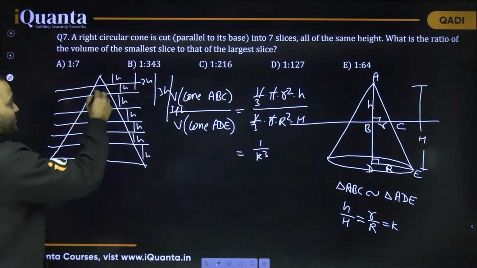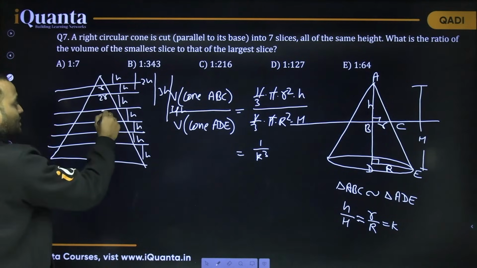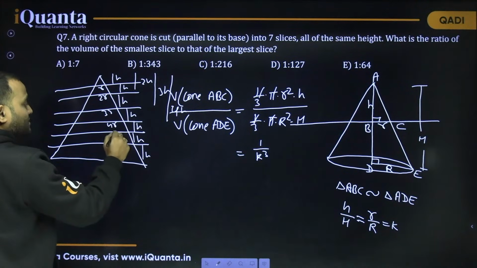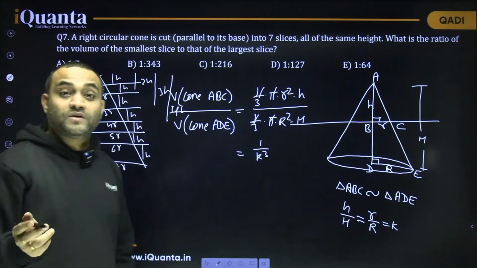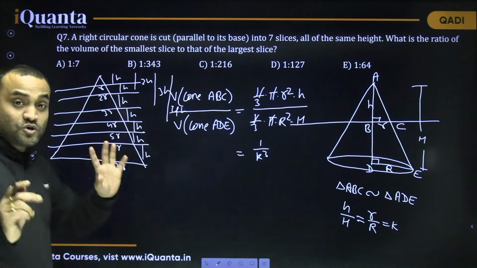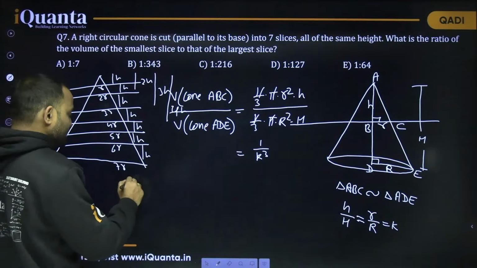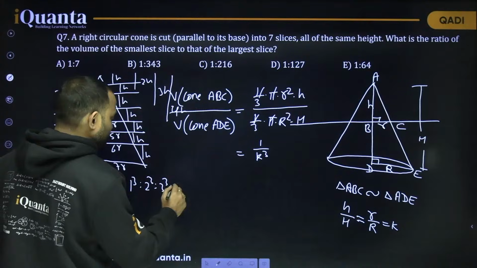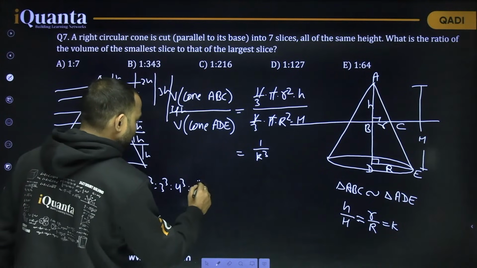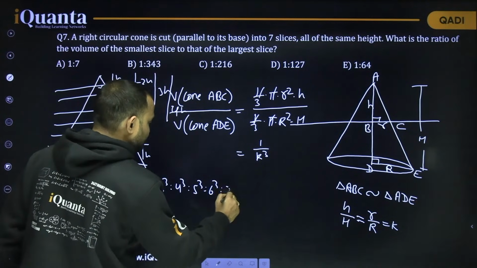Radius, if this is R, this will become 2R, this will become 3R, 4R, 5R, 6R, 7R. So the ratio of the volumes of these cones will be in the ratio of 1 cube, 2 cube, 3 cube, 4 cube, 5 cube, 6 cube and 7 cube.